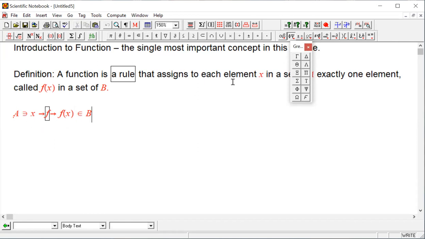So for each element in the set A, now the question is, what are those elements in the set A? Let's look at this with an example.